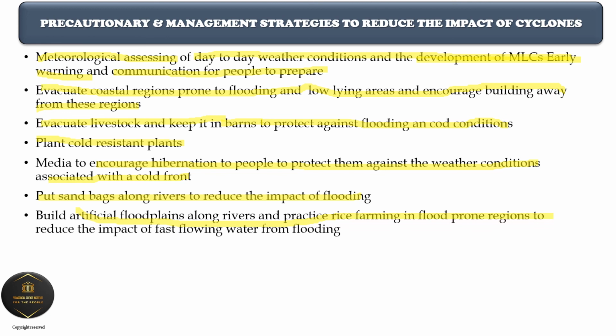So remember, rice farming sort of decreases the impact of the flood. It will reduce the impact of the flood by reducing the speed of the fast flowing water as a result of floods in those regions, thus protecting people. So these are some of the things that we can put in place as precautionary measures.